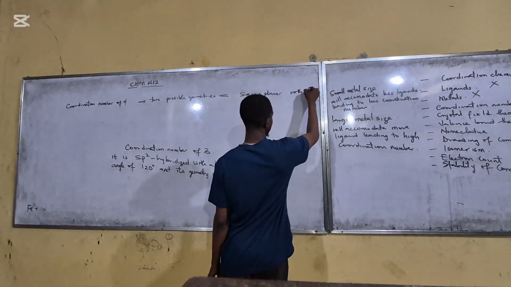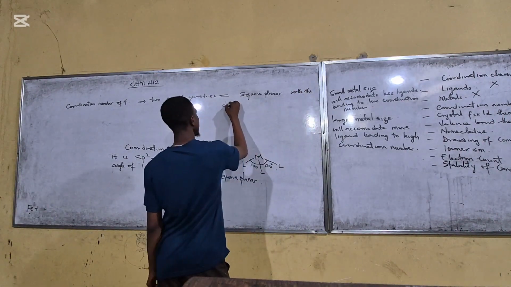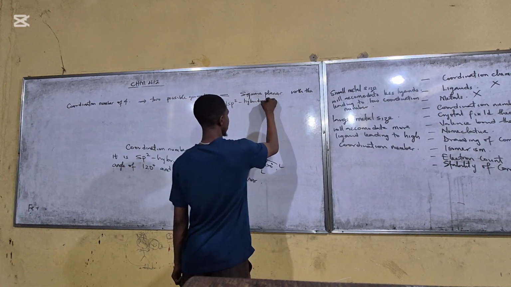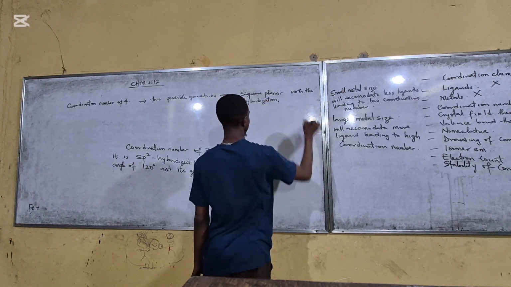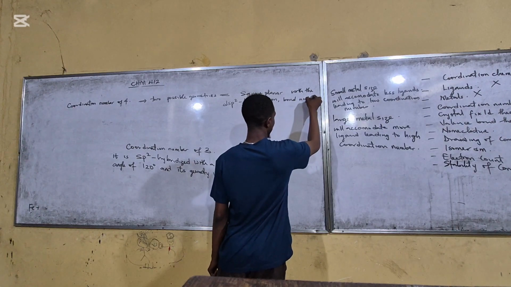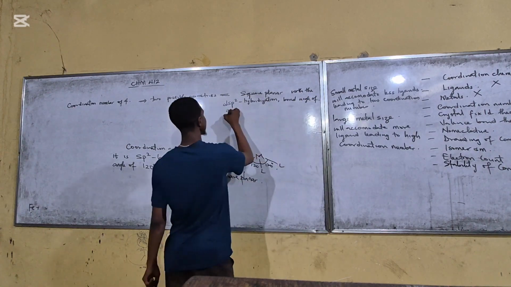with the dsp2 hybridization, bond angle of 90 degrees.